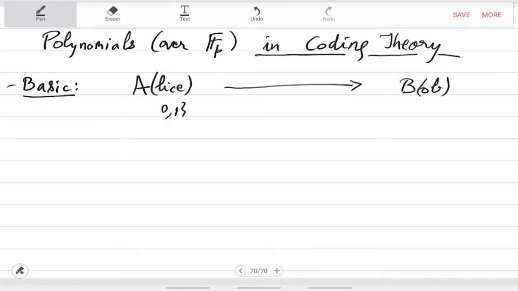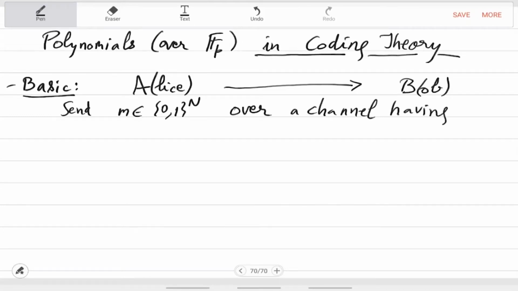So the space here is {0,1}^n. She wants to send this message over a physical channel, and any physical channel will be prone to mistakes. So over a channel having t bit errors.